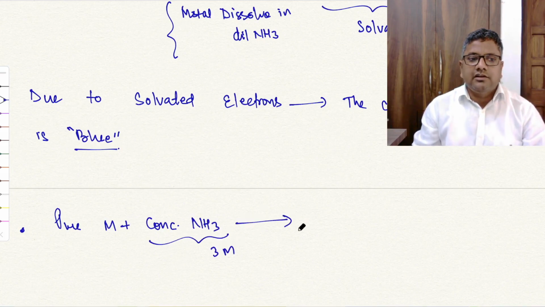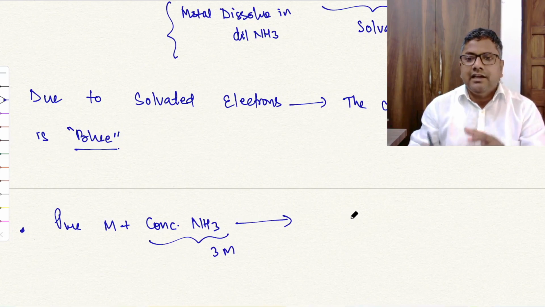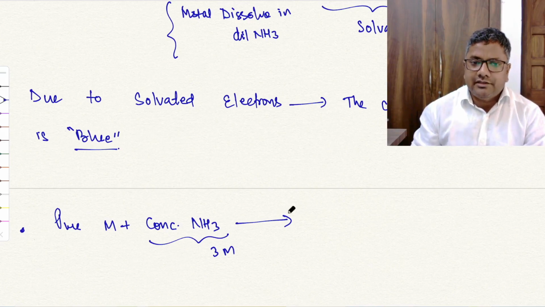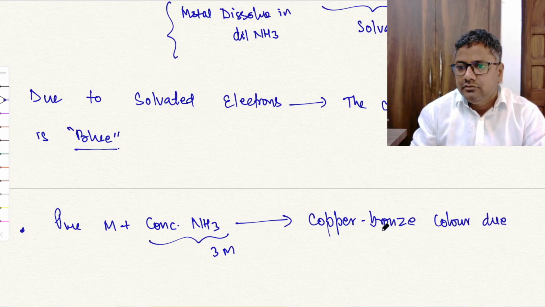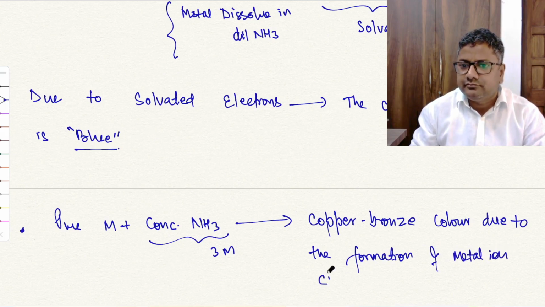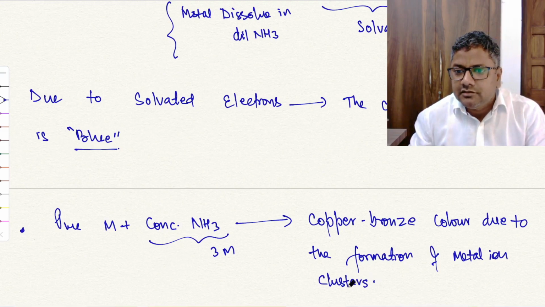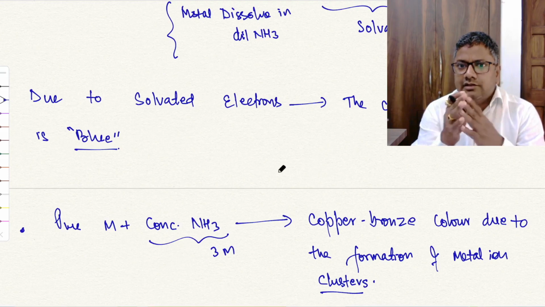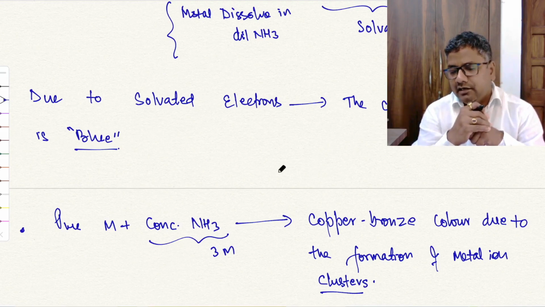You will get a copper bronze color, due to the formation of metal ion clusters. And this blue color solution or bronze color solution, with time the color disappears and finally forms the amide and hydrogen.